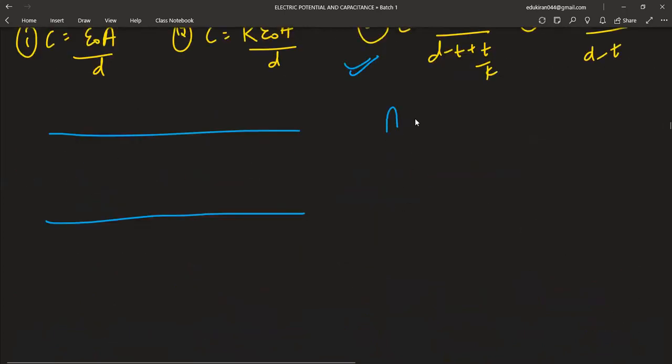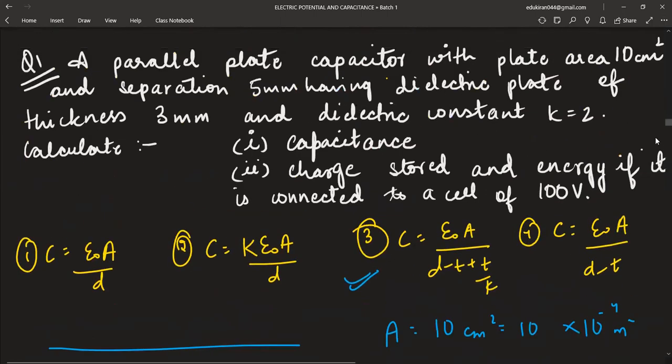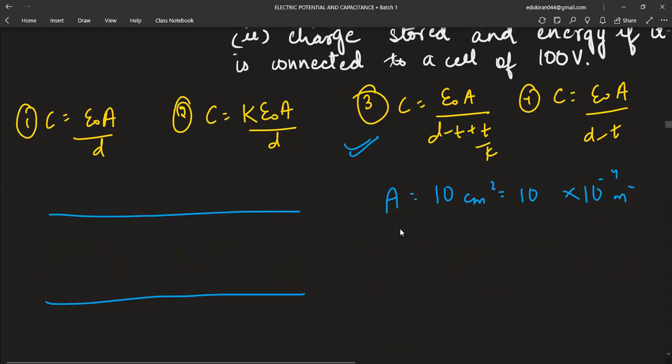The area is 10 into 10 to the power minus 4 meter square. Separation between the plates is 5 millimeters, means D is 5 millimeters, which is equal to 5 into 10 to the power minus 3 meters.